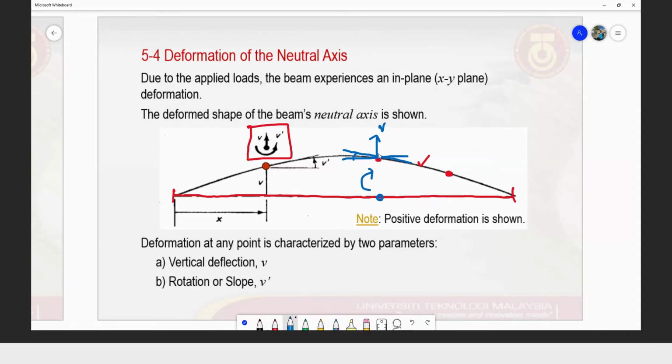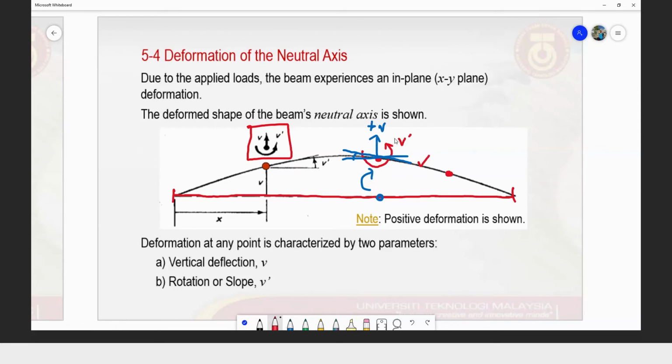And then this rotation at this particular point here is given by, saya pakai merah, V prime. So the positive deflection is positive in the upward direction.